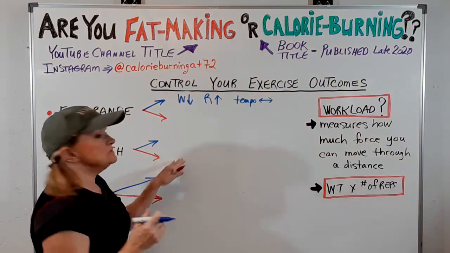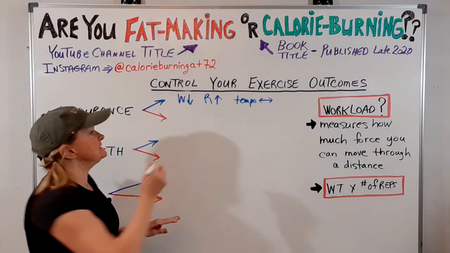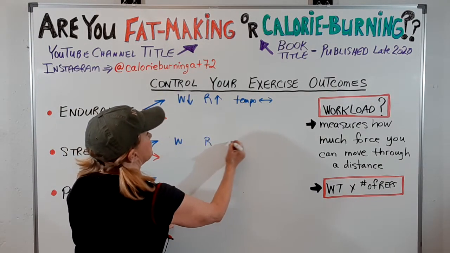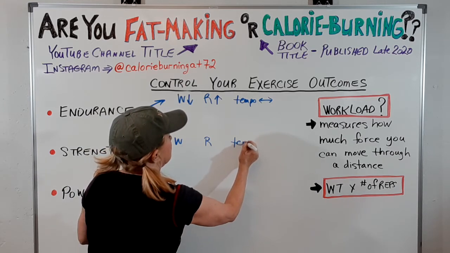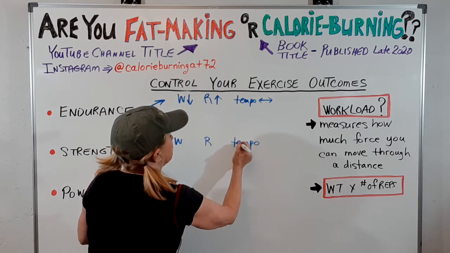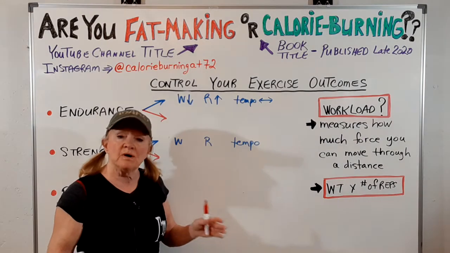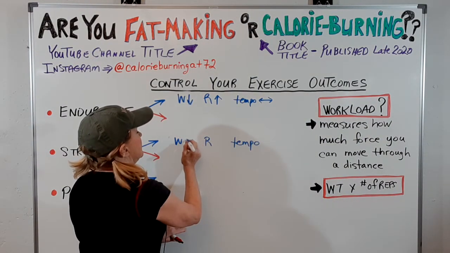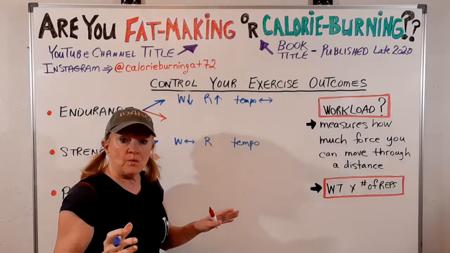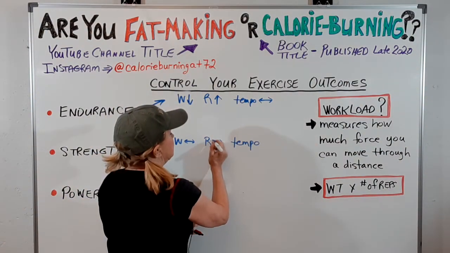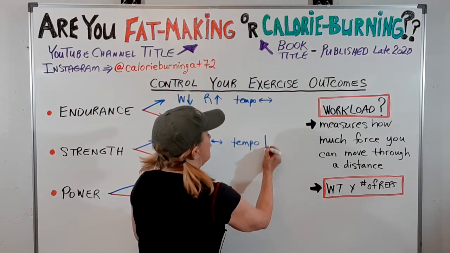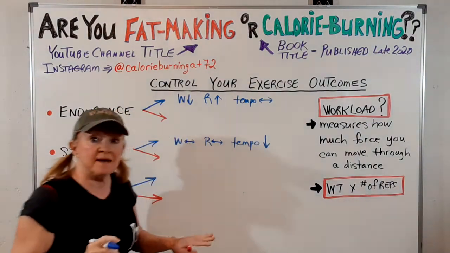If we come down to strength, it's a little bit different. Yes, we have weight. Yes, we have reps. And of course, we're going to have tempo, but we're going to do something a little different. We're going to have kind of a medium weight, a medium rep, and we're actually going to have slow tempo.